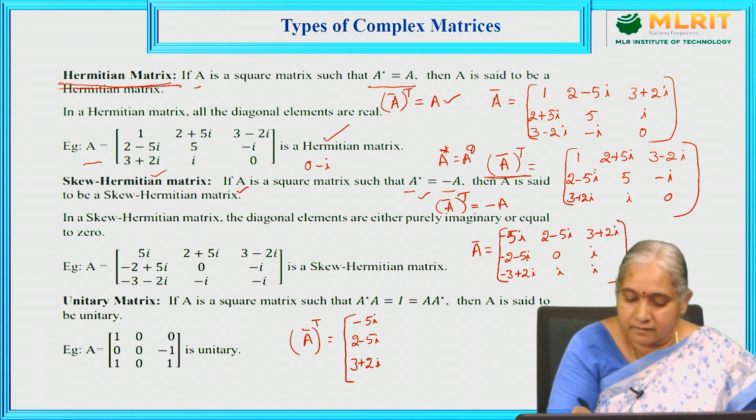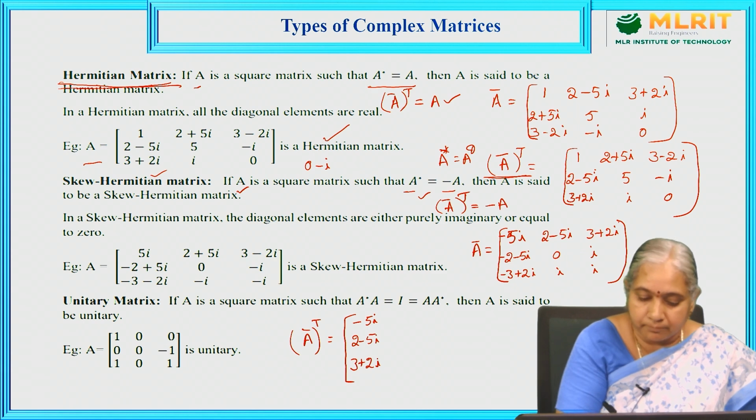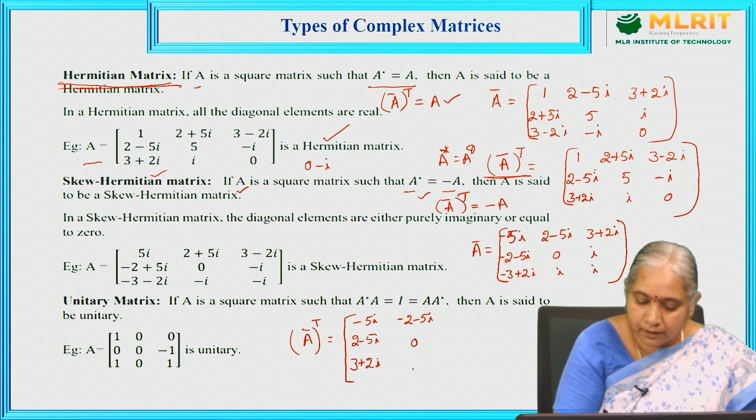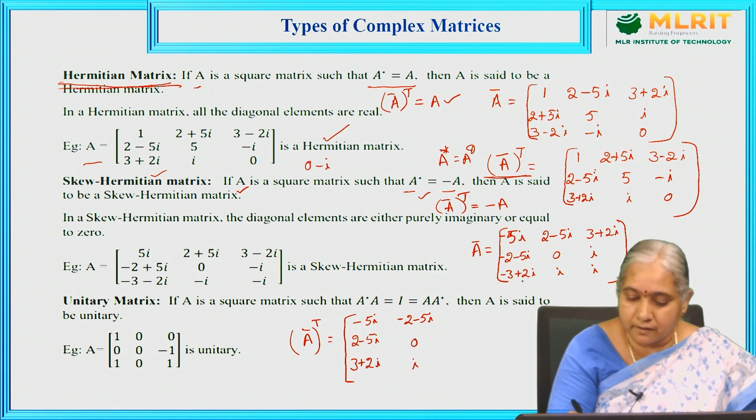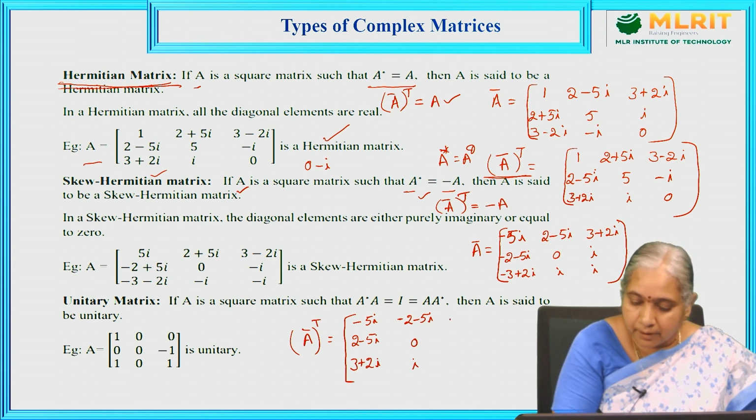Second row elements: minus 2 minus 5i, 0, i. Now write these second row elements in the second column. Third row elements are minus 3 plus 2i, i. Write these elements in the third column.